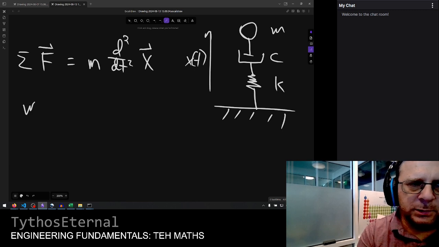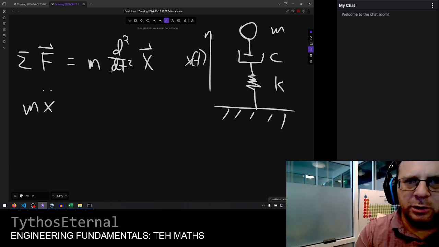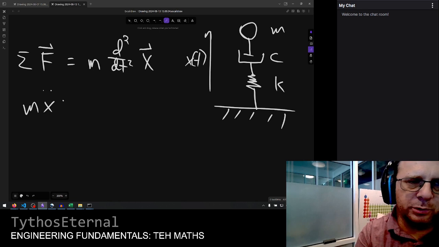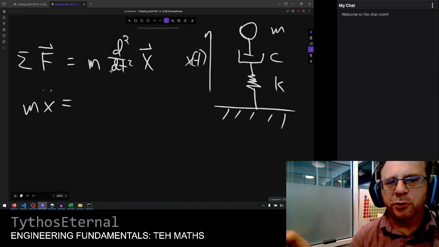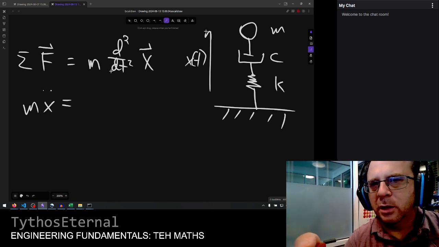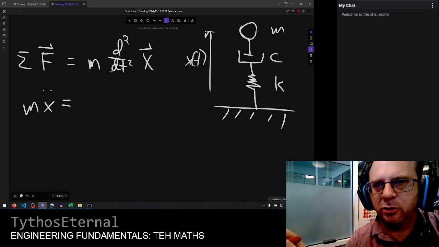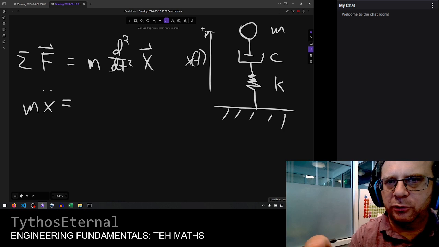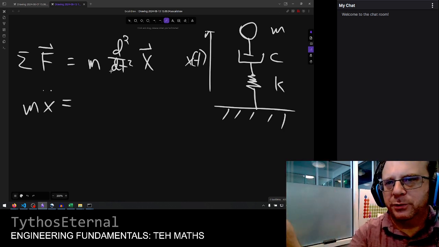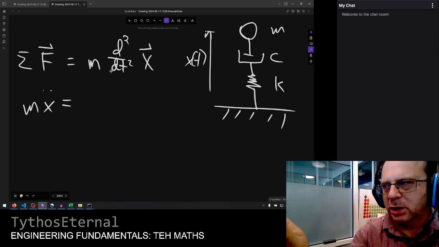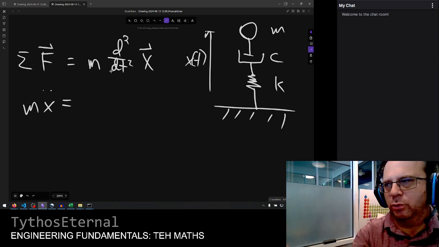We'll use dot notation here, and we're in a one-dimensional system, so we'll ignore the vectors for a moment, right? Given some displacement from equilibrium of this mass, let's use 0 going up. If it's positive, then the damper will be resisting the velocity and the spring will be attempting to restore from the displacement, right?